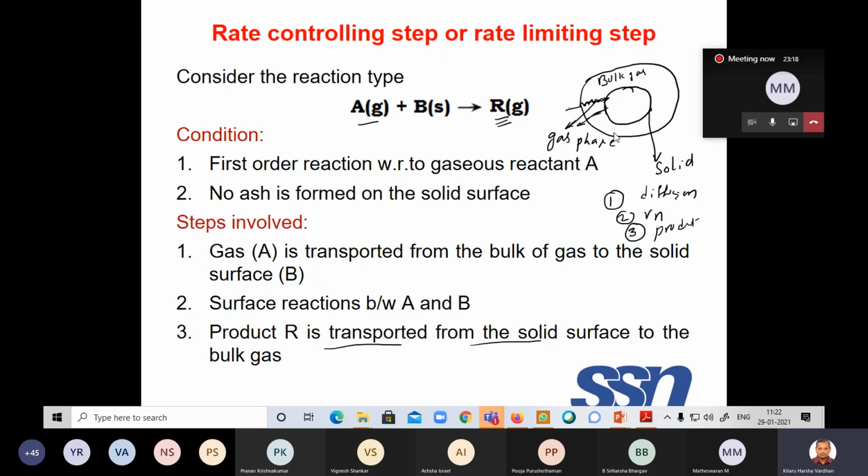So these are the three steps by which the reaction is happening here. Out of these 3 steps, only one step is rate controlling. That is, the reactant, solid particles or product spends more time in a particular step. We have to find out which of these 3 steps that is.